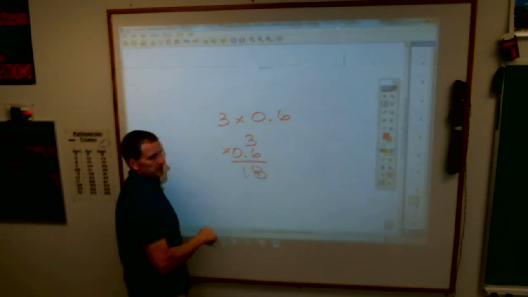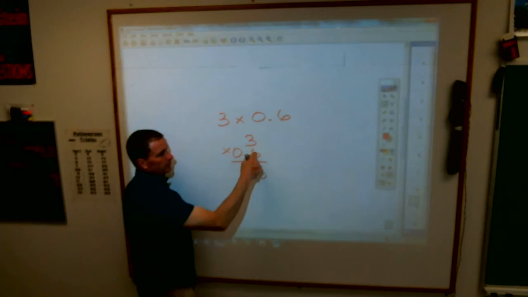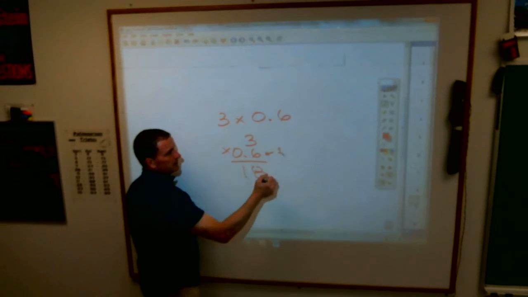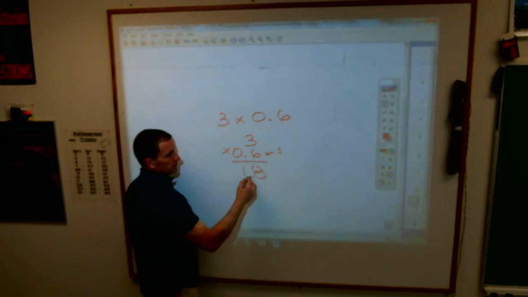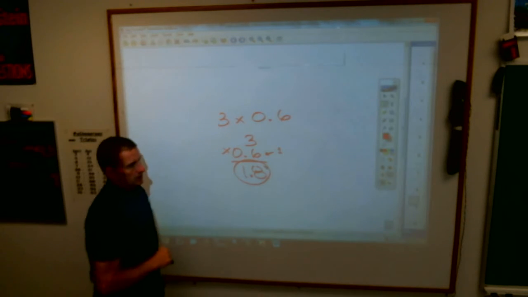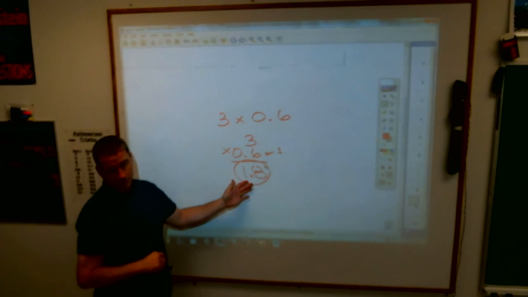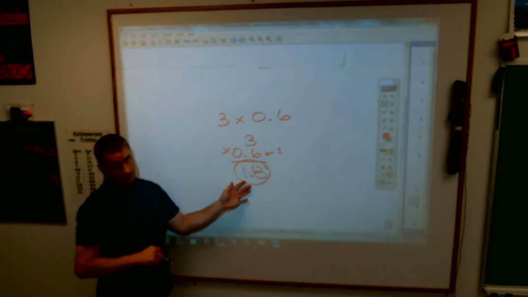Count my decimal places. This doesn't have any, so I don't have to worry about it. This has 1, so I start on the right side and come back 1 place, and my decimal goes here. 1.8 is my answer. Don't think about lining up decimals because it does not matter.